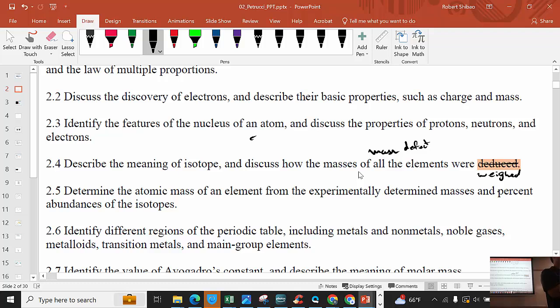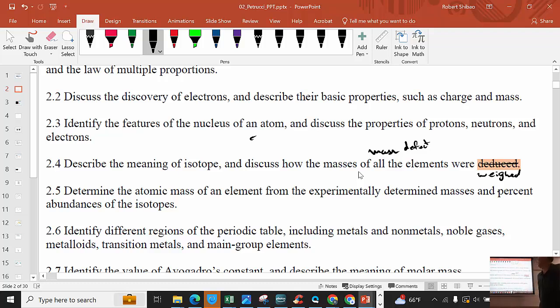Is it the electrical forces holding the protons together? No, it's the nuclear forces holding the protons together. And those nuclear forces have to be stronger than electrical forces. Otherwise, the whole thing would break apart, because positive charges repel.